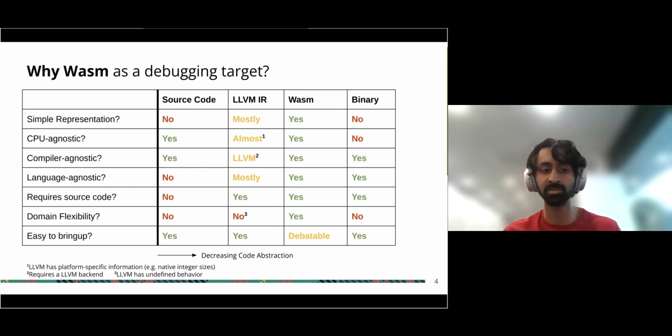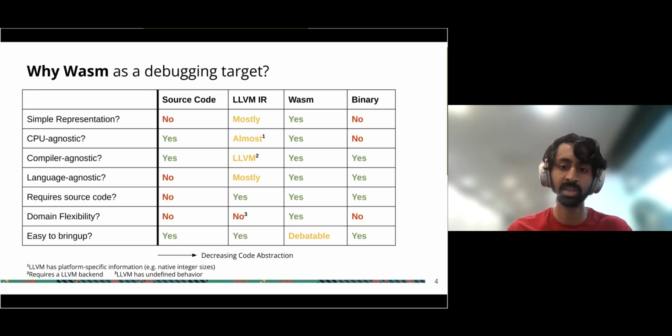In particular, the simple representation and instrumentation capability for Wasm, and its platform portability and agnosticity to compilers, languages, and CPUs, make it a nice and easy portable target that you can compile all of your source level languages to, do all of your analysis, and then execute it across all your different platforms.